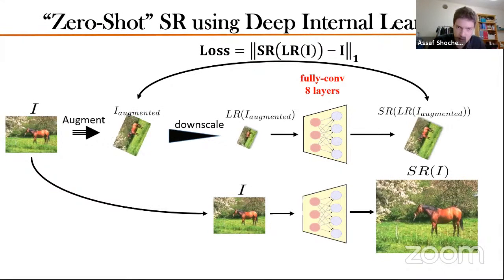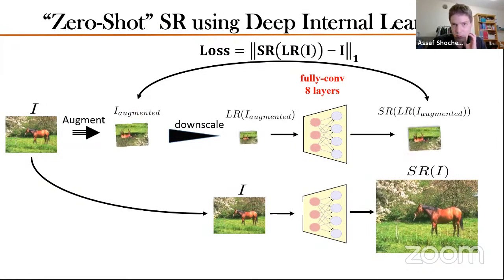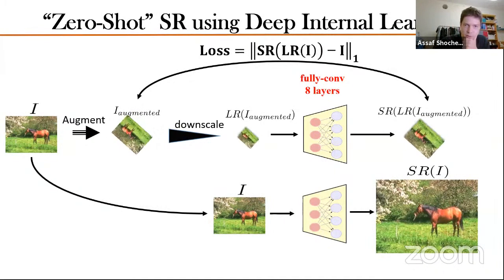So we just do gradient descent until we get convergence, and then we stop. I think the person asking about deep image prior was probably referring to their method for denoising, where they have to do this early stopping. Fortunately, we don't have this problem at all. We just train till full convergence.